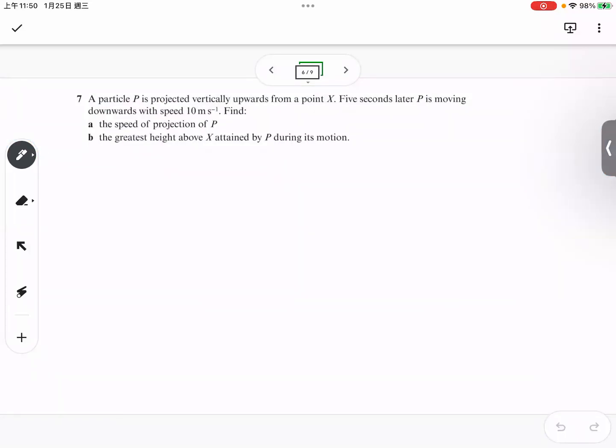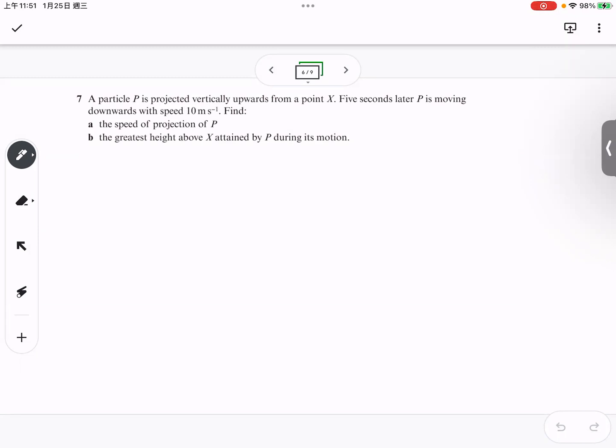Okay, let us look at the question. A particle P is projected vertically upward from a point X. 5 seconds later, P is moving downward with speed 10 meters per second. For part A, find the speed of projection of P. That means, what is the starting velocity?